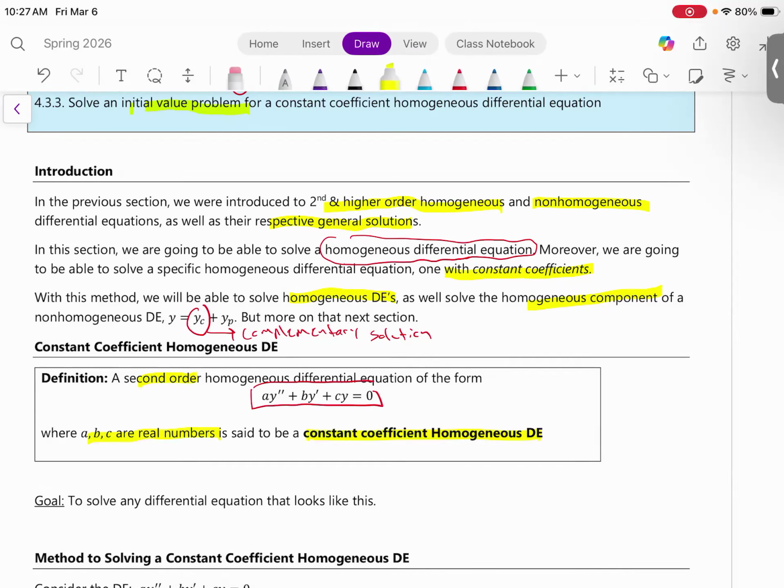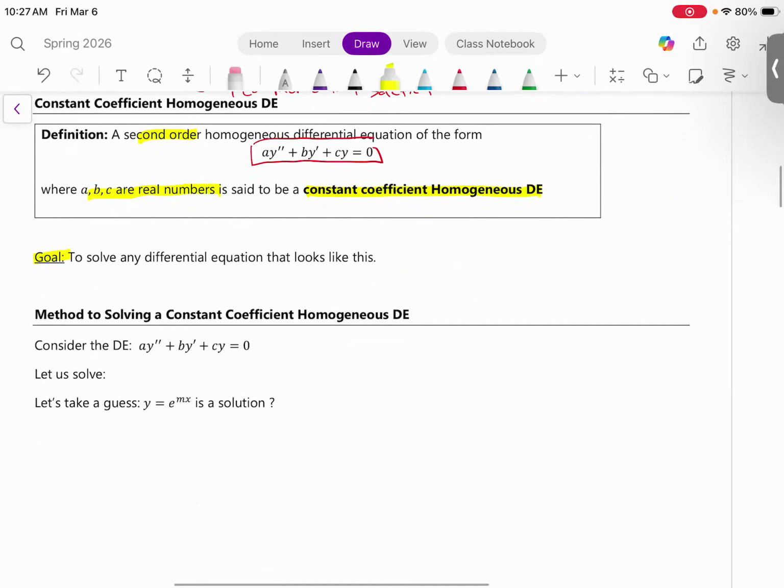So whatever is attached to our variable and derivatives, y prime, y double prime, those are constant coefficients. And so our goal is to solve any problem that looks like this, a constant coefficient homogeneous differential equation.